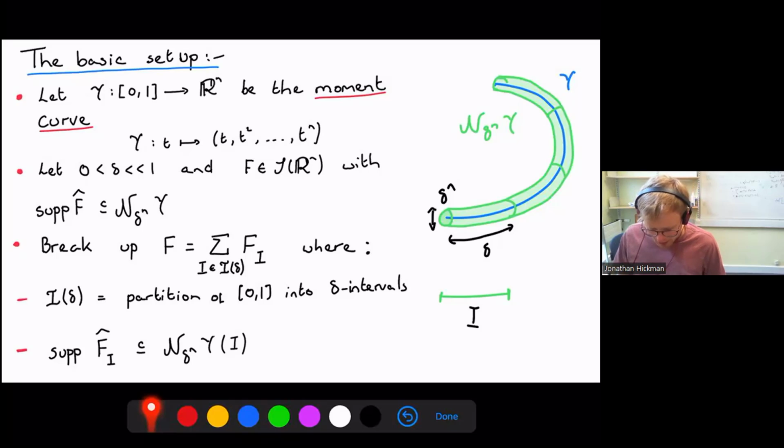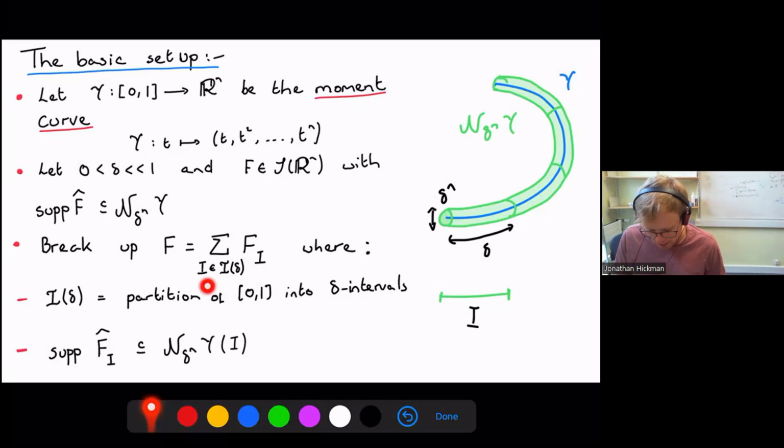So in view of this, I'm going to partition the parameterizing unit interval into small delta intervals. This partition is going to induce a partition of our supporting set, and consequently a partition of our function. So we'll write f as the sum of pieces f_I, which are frequency localized.